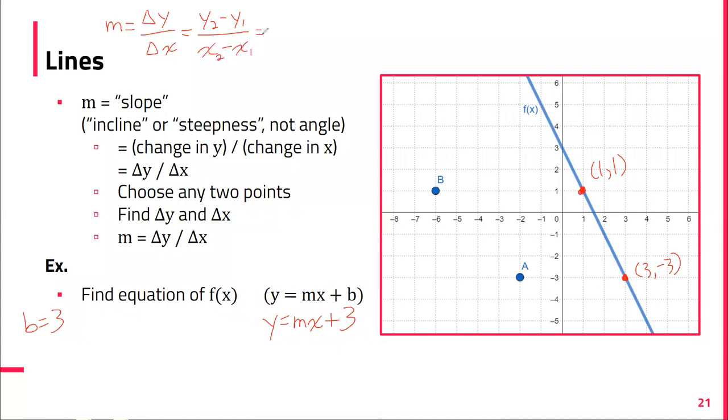How do we choose which point is point number 2 and which one is point number 1? I'm not asking which one is the x and which one is the y, but we have 2 pairs, right?